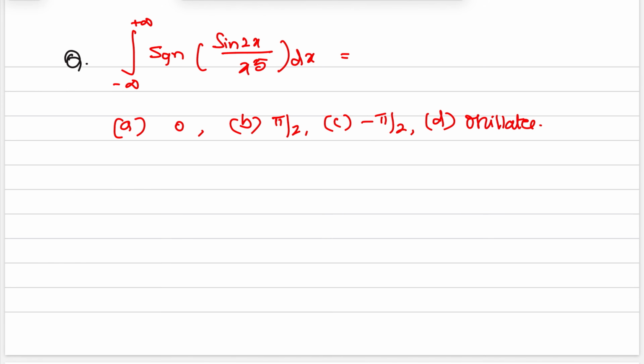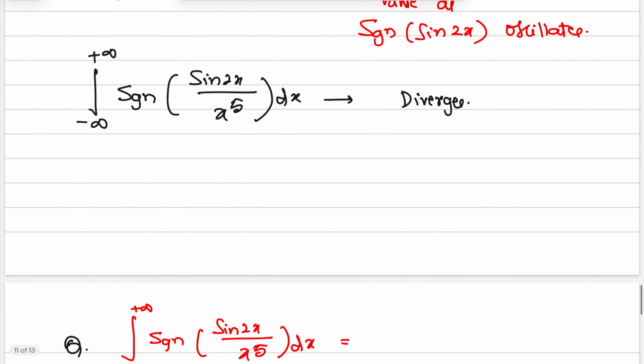Your answer should be oscillates. The limit does not exist. This is the answer.